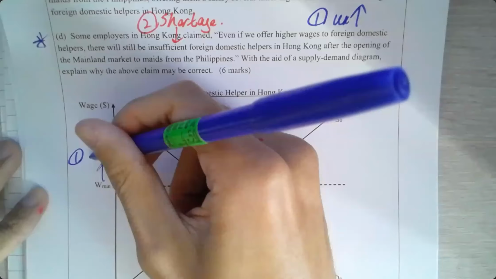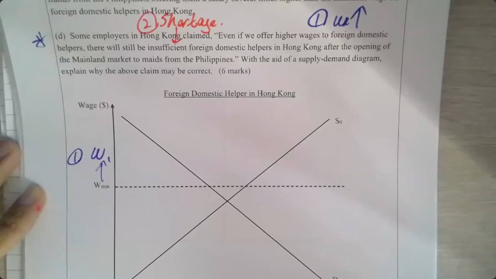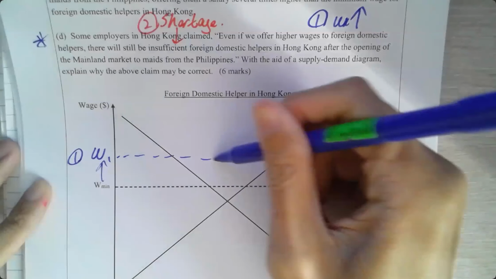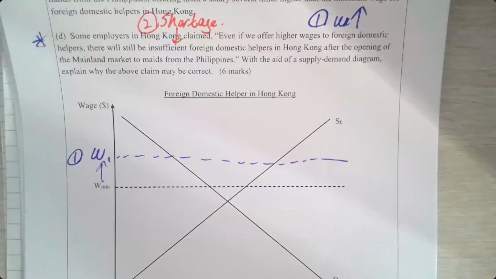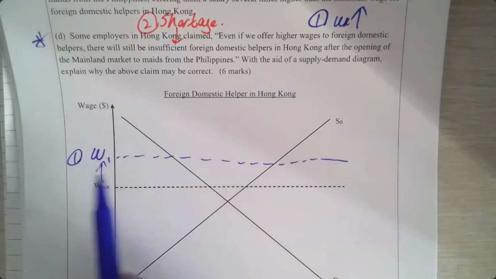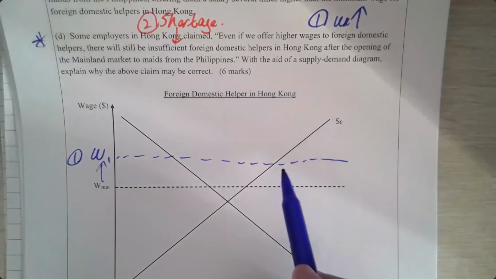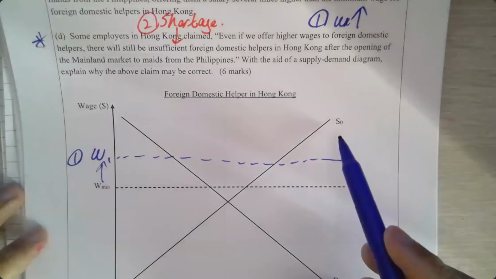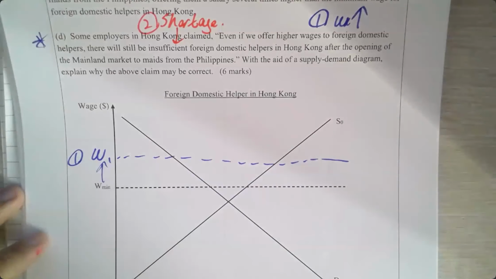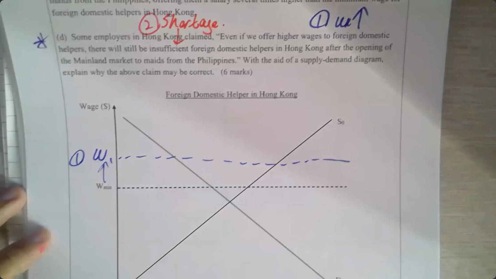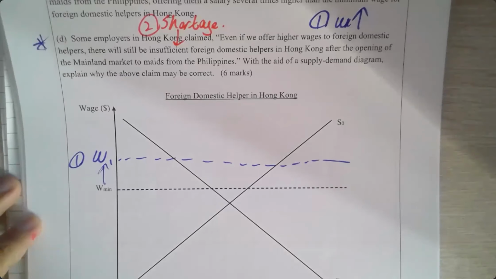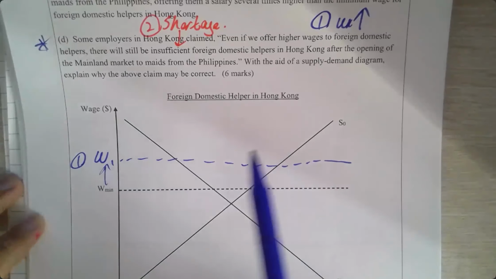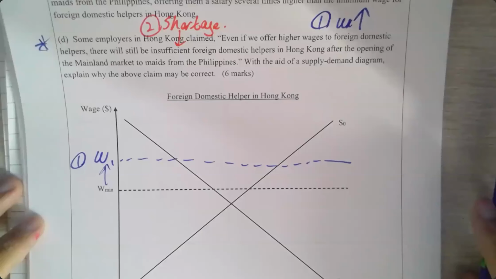Let's deal with point number 1 first. This is called wage 1, the higher wage. At wage 1, we see that QS is larger than QD, so that is a surplus. But the question clearly says there should be a shortage. So is there anything else moving?